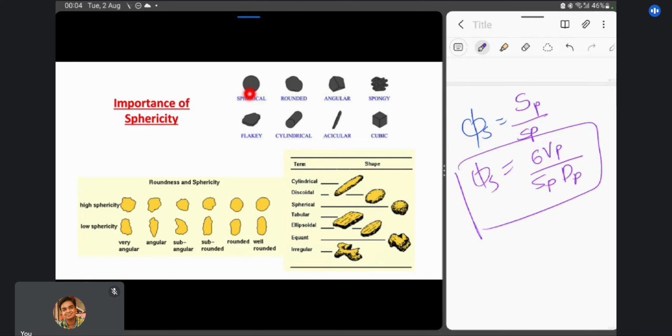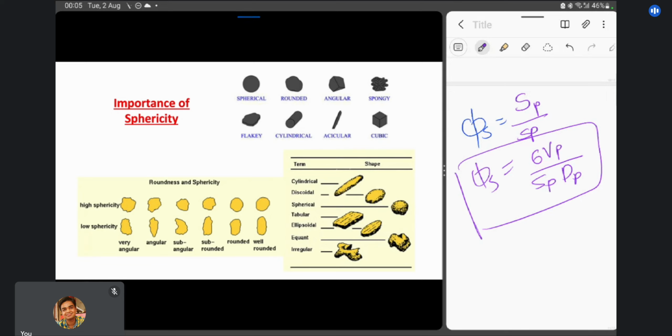Some particles like sand and silica are almost spherical. Some are rounded, and some packings that you use are angular. Spongy material has an irregular shape. Some metal is flaky. Some Raschig rings and other packings are cylindrical. Some are cubic.